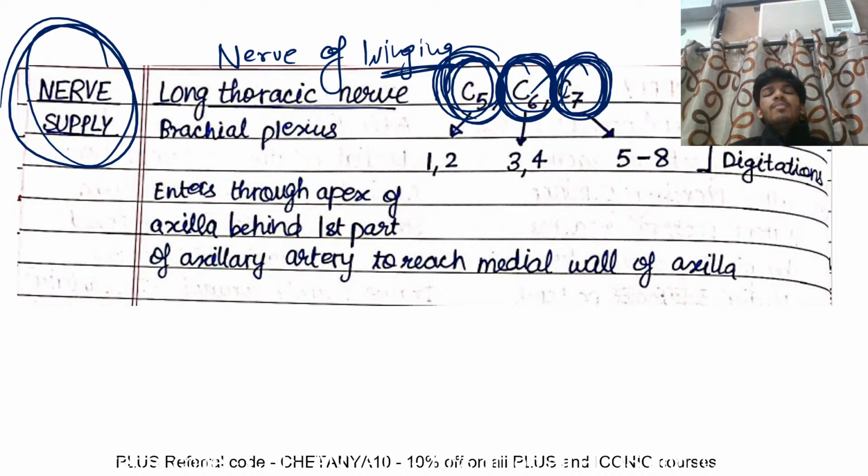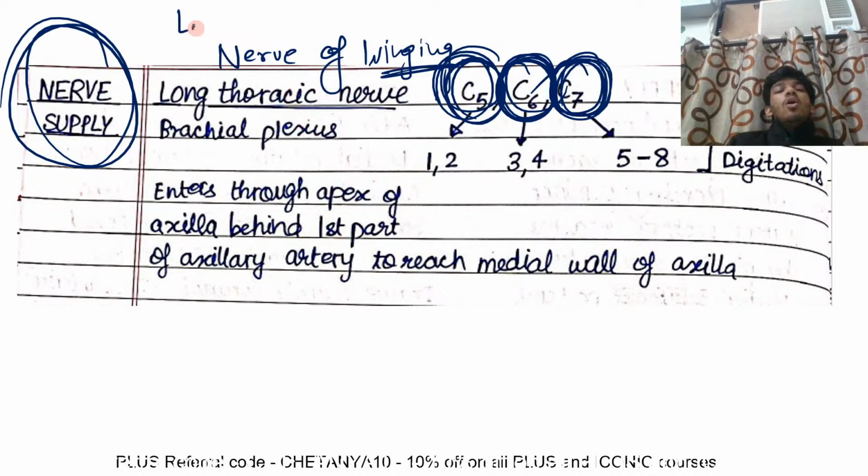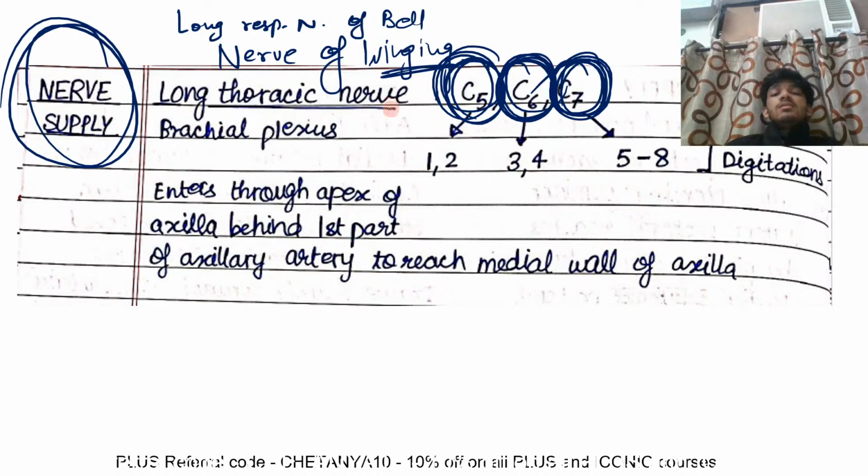It's also known as the external respiratory nerve of Bell. It's the long thoracic nerve. Root value is C5, C6, and C7.